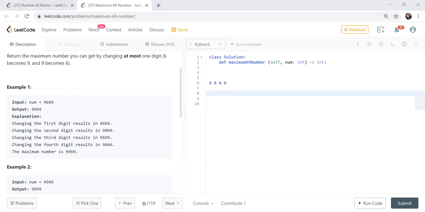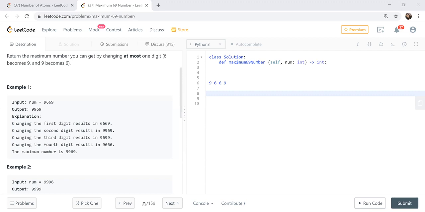We can do mod, going from right to left, getting the digit one by one, and keep track of the best. Okay, so let's say we mod from right to left. We mod by 10, first we get 9, then we skip it, and then next we get 6, and then we convert it to 9, and that would be our best solution so far.